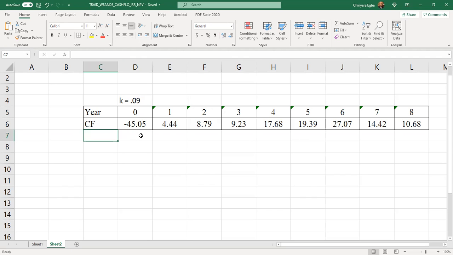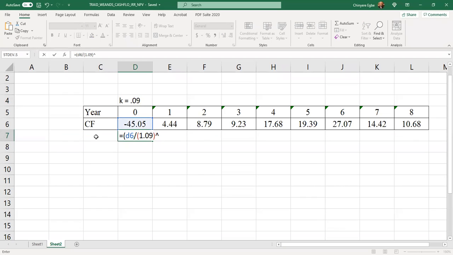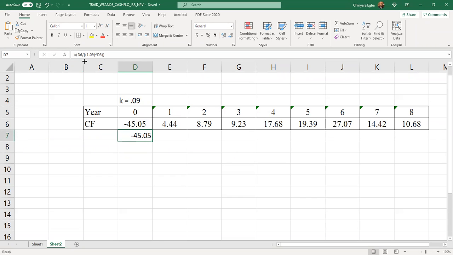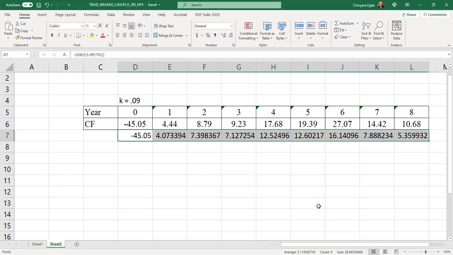I'm going to divide this, so that will be equals D6 over 1.09 to the power D5. So let's now go through. What do you see?